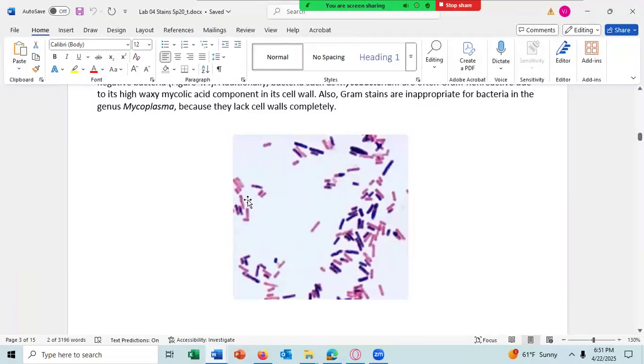The only time I've ever seen some students who had gram variable results, they were staining mycobacteria, meaning that family of bacteria, and I asked them, how old are your cells? Because some of them were looking gram positive and others looking gram negative, and they always told me, oh, these cells are older than 2 weeks old. And I told them, well, that's not correct.